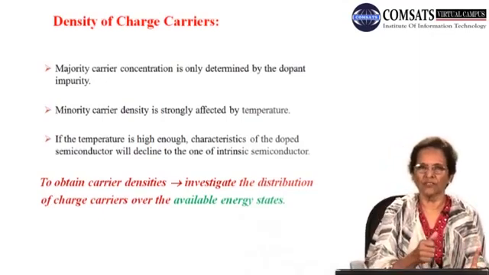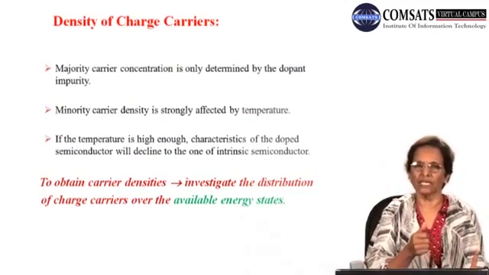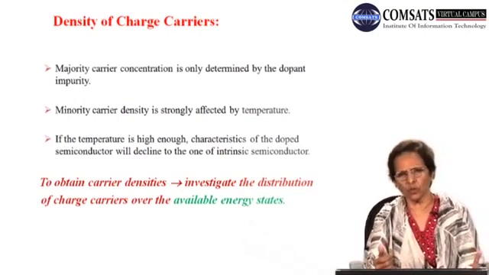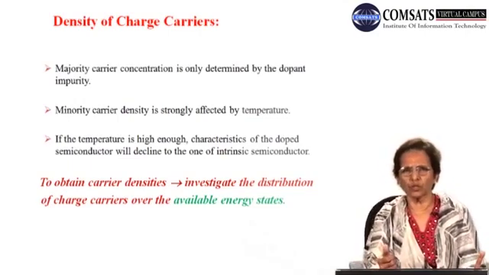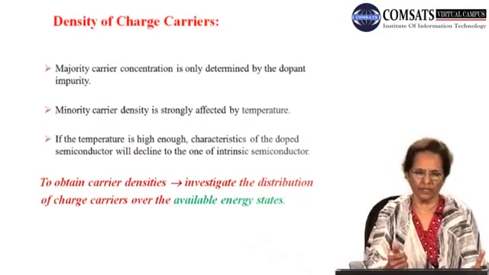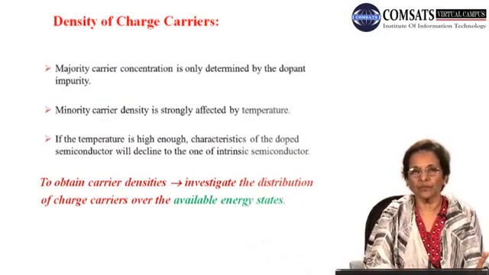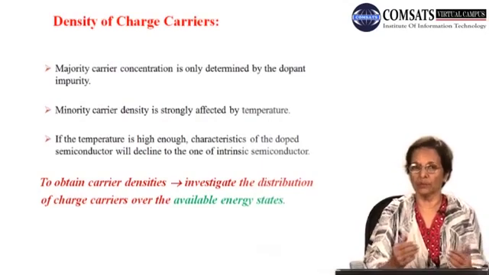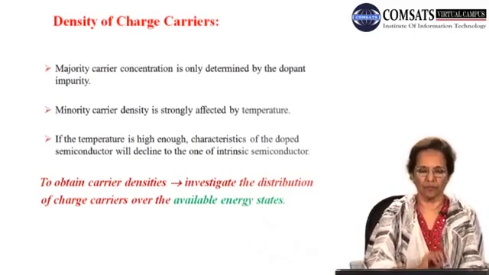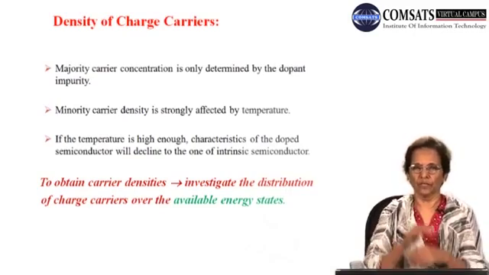That is, free electron concentration in an n-type semiconductor crystal is almost the same as the donor impurity that you added. Minority concentration is temperature dependent, and let me explain this middle point.